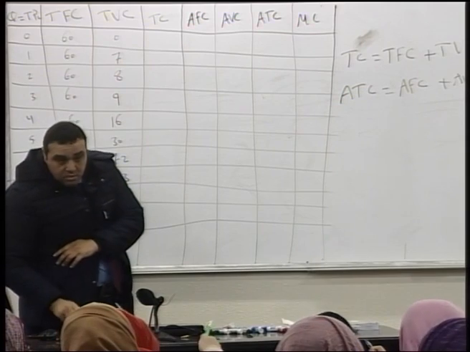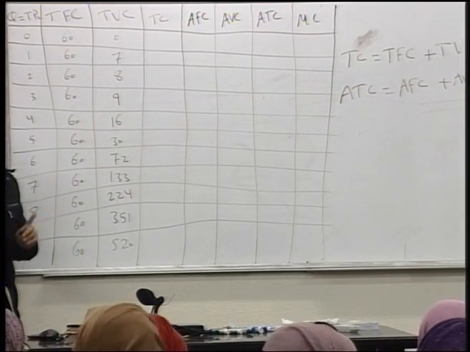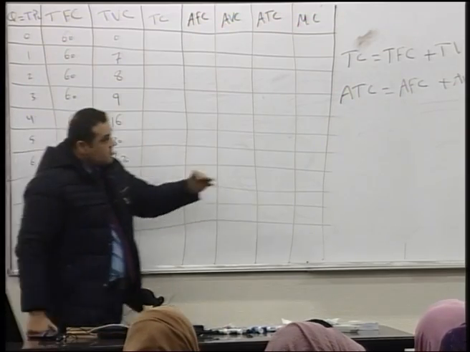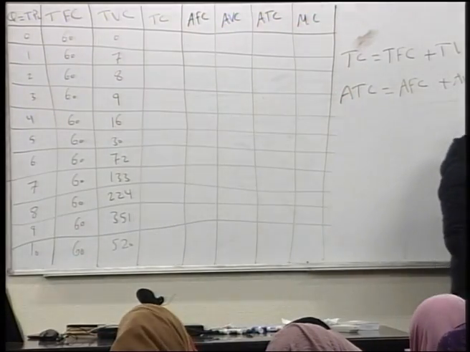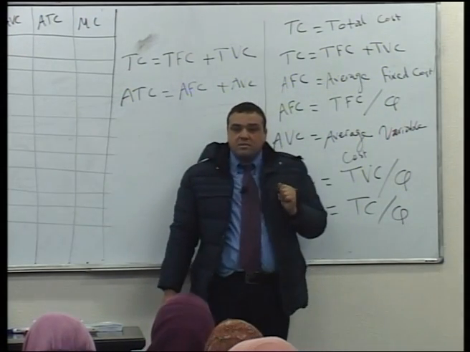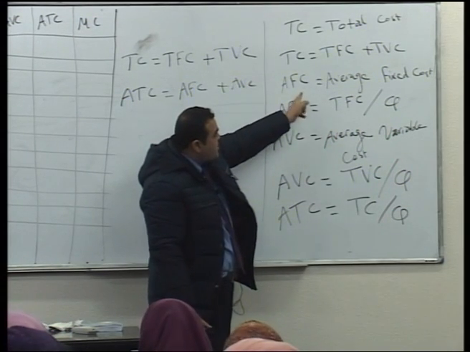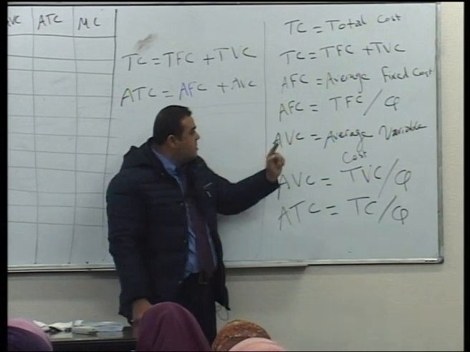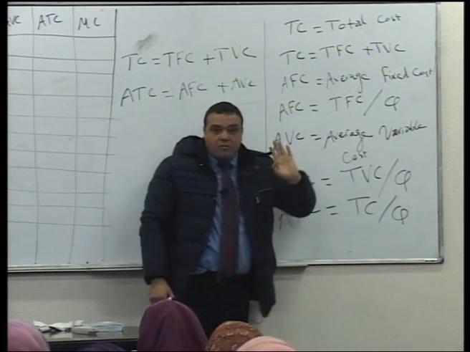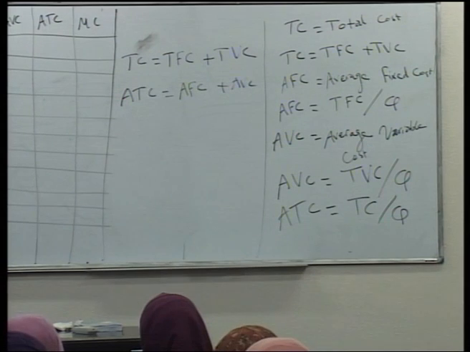Okay. Total cost equals total fixed cost plus total variable cost, right? Average fixed cost equals TFC over Q, which means here total cost equals TFC plus TVC.